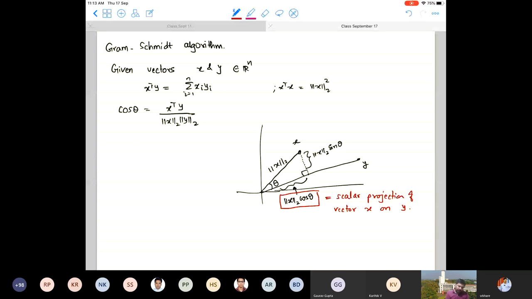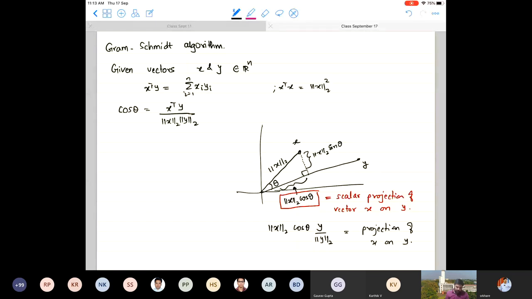And if I multiply this scalar, norm x into cos theta, by y divided by norm of y, the unit vector in the direction of y, then this is called the projection of x on y.